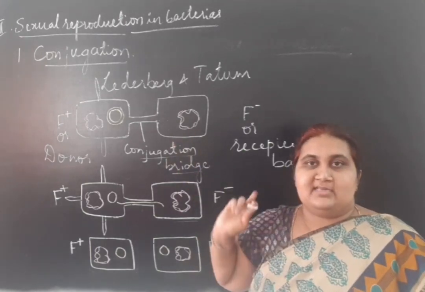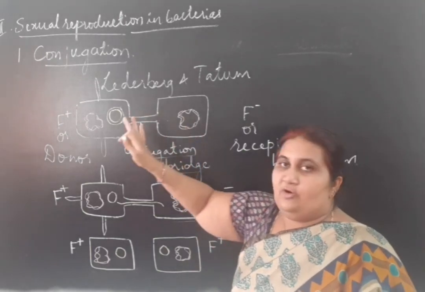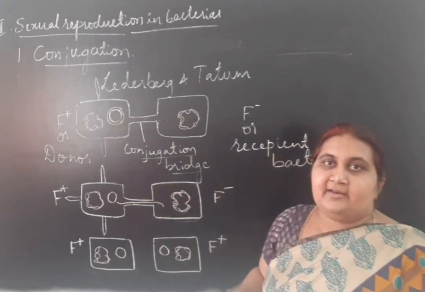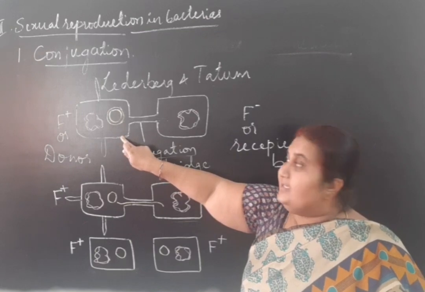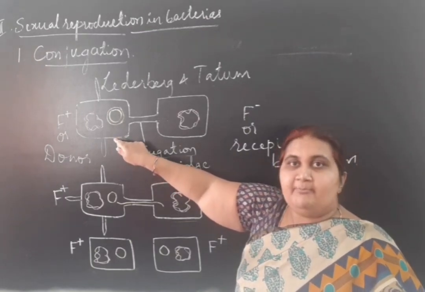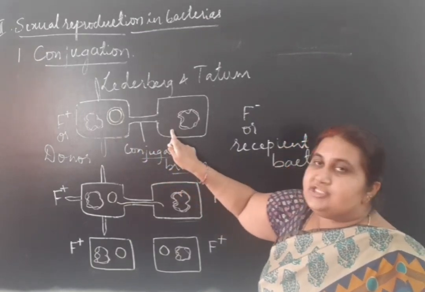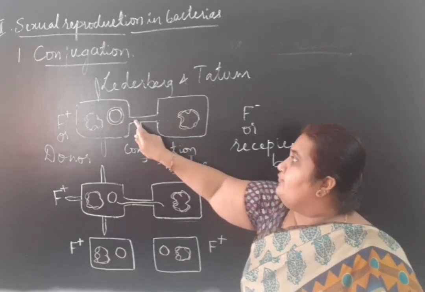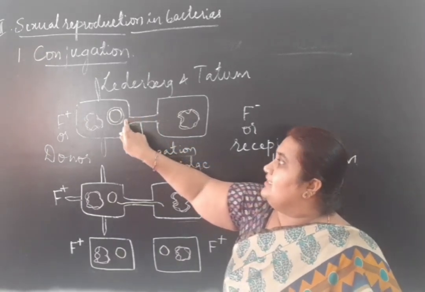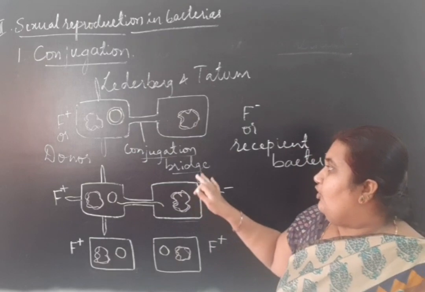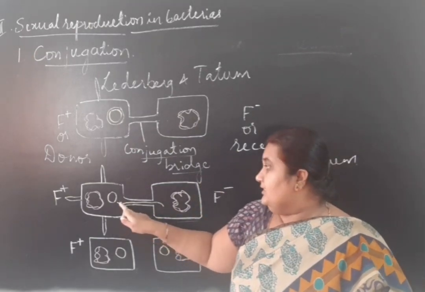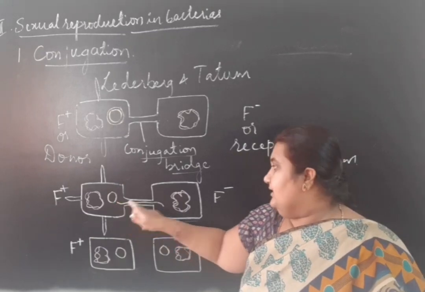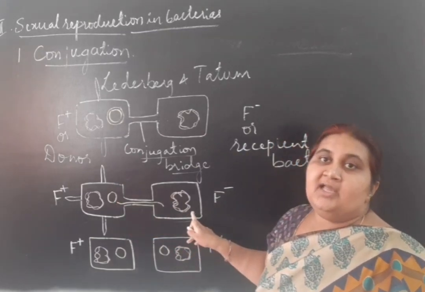Whenever the recipient bacterium comes in contact with the donor, both come close to each other, and by the help of pili present in the donor bacterium, it attaches to the recipient and forms a tube-like structure, bridge-like structure, that is called the conjugation bridge, and the replicated genetic material DNA will be passed into the recipient.